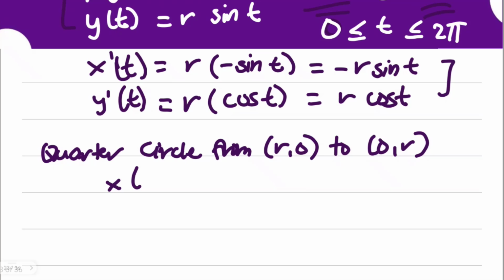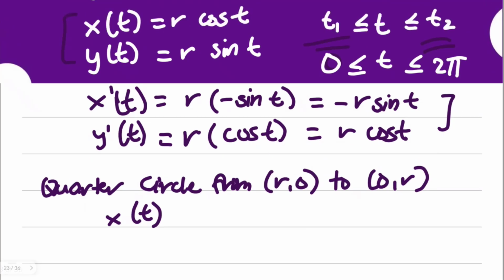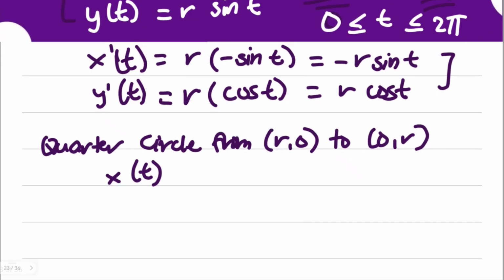Let's say specifically r is 2. Obviously, if it's centered at the origin, the distance from the origin is your r, which is equivalent to 2.